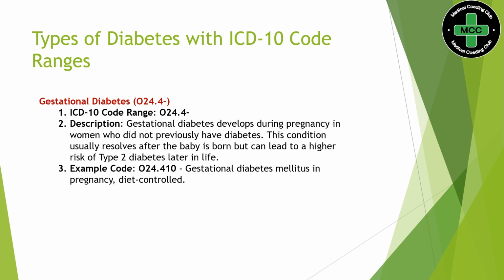We do have codes for pre-existing diabetes: if she is pregnant, but before getting pregnant she had diabetes, then we will code for pre-existing diabetes during pregnancy. Example code: O24 series.